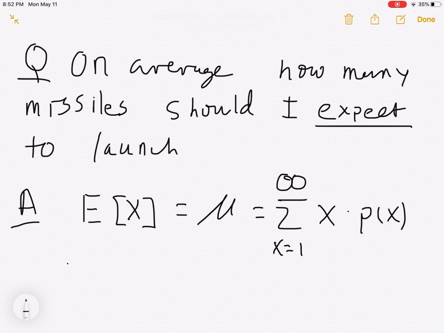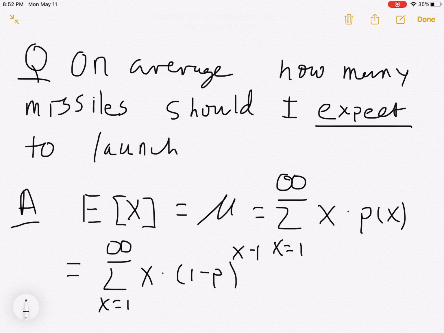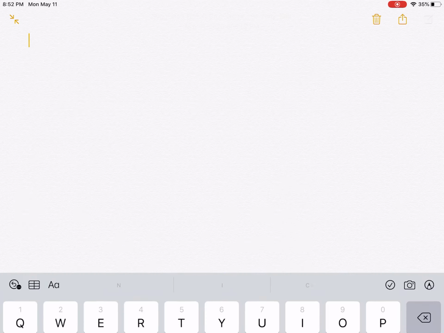In fact, in general, this is going to be the summation from x equals 1 to infinity of x times (1 minus p) to the x minus 1 times p. And if I was to write this down, well, I think the first few terms are going to look like this. So let's write down the first few terms. Everything has a p in it, so I'll factor that out.